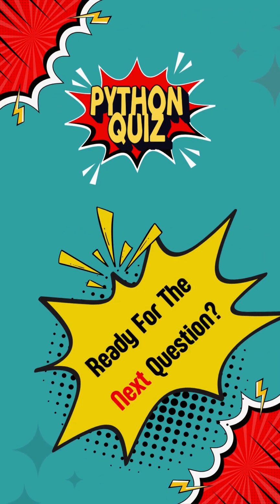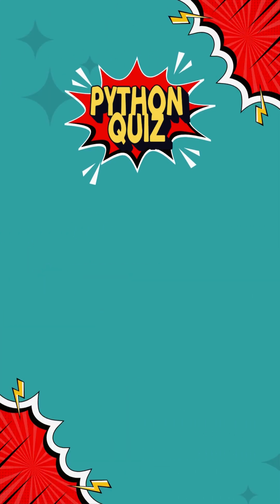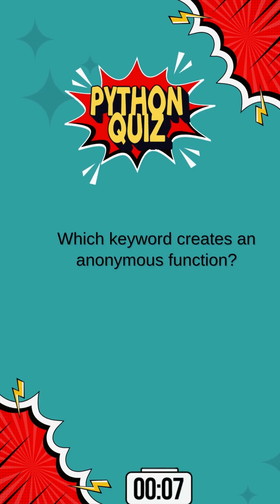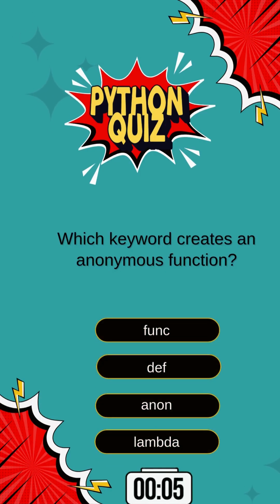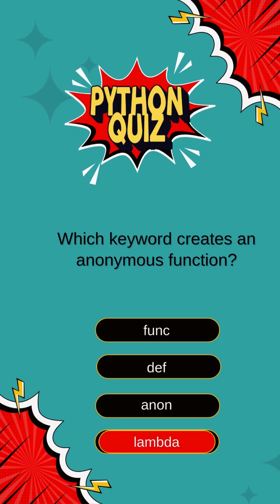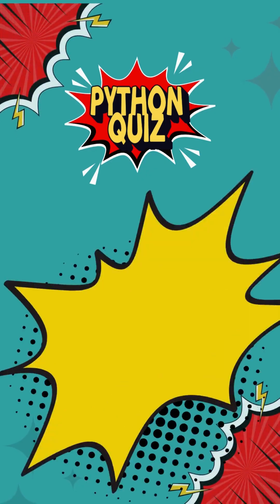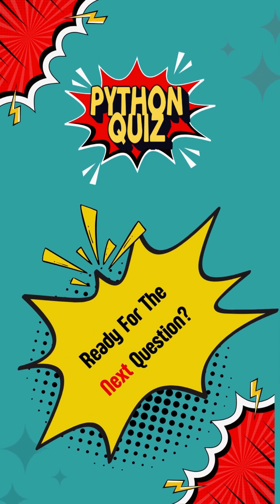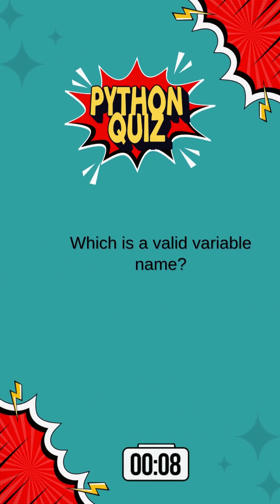Ready for the next question. Which keyword creates an anonymous function? Ready for the next question. Which is a valid variable name?